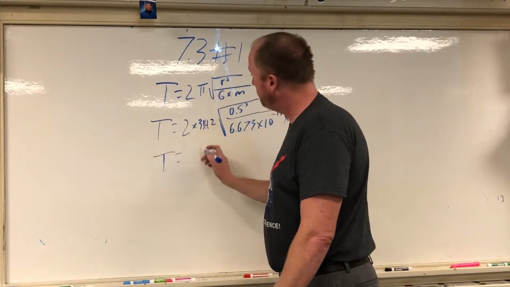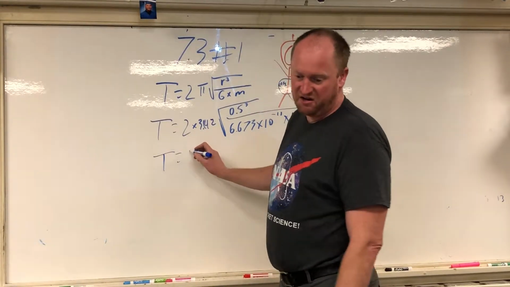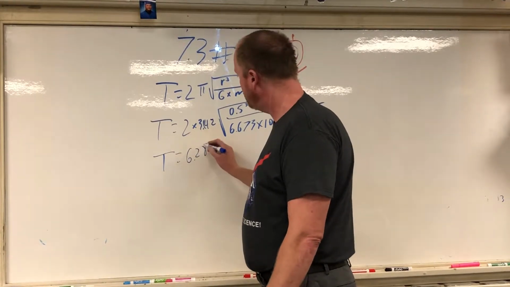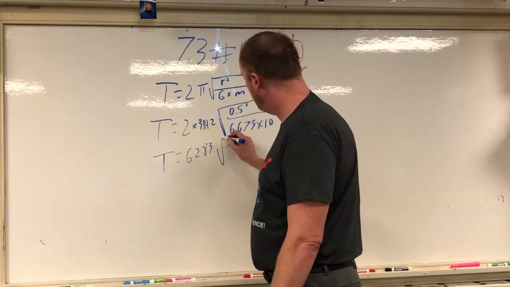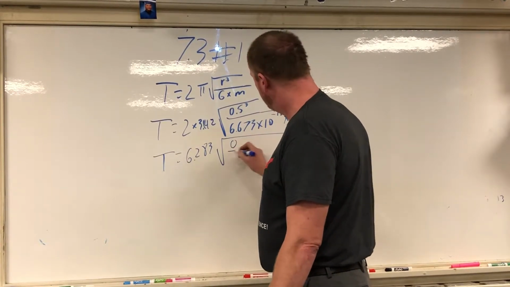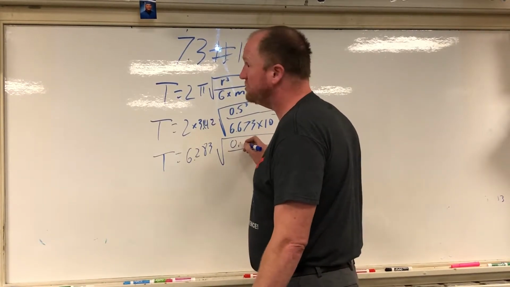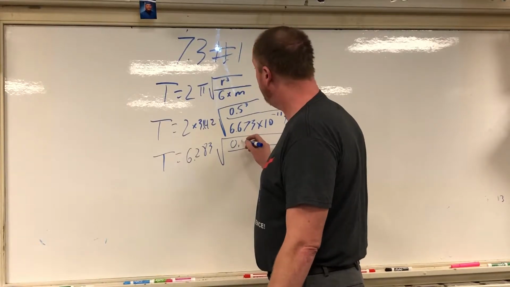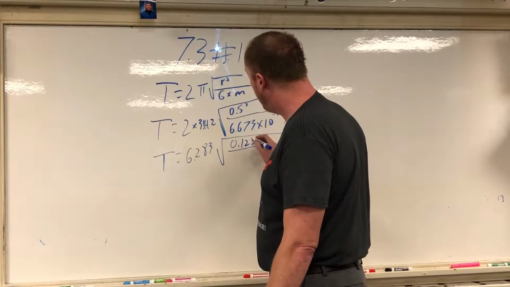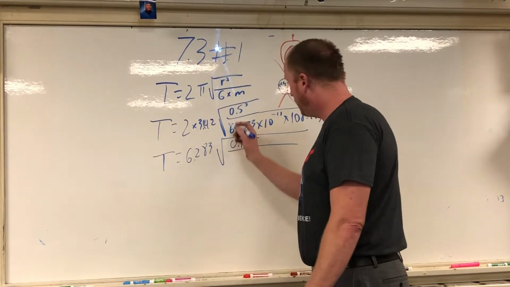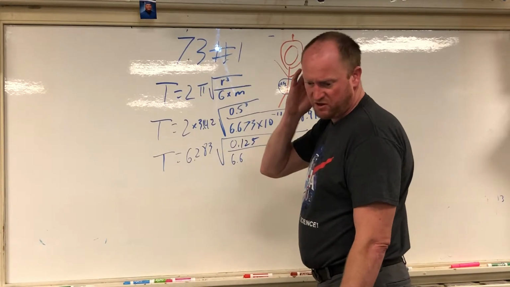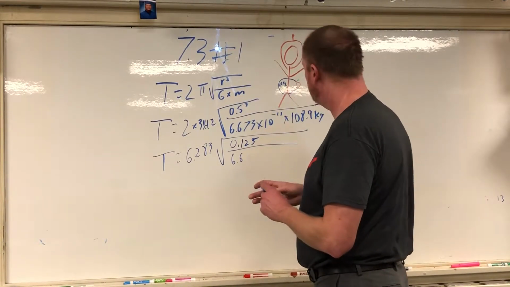T is equal to, multiply this by each other, and I get 6.283 square root. 0.5 squared is 0.25. 0.25 times 0.5 is 0.125, over 6.6. Let's see, do I multiply this? Yeah, why not? Let's just multiply this by each other right now.